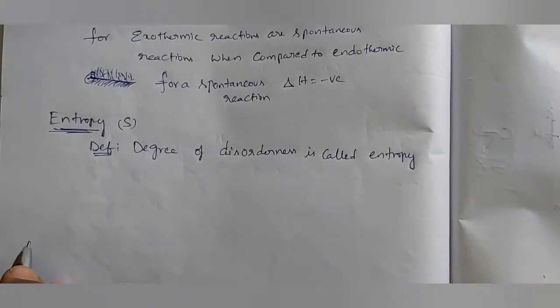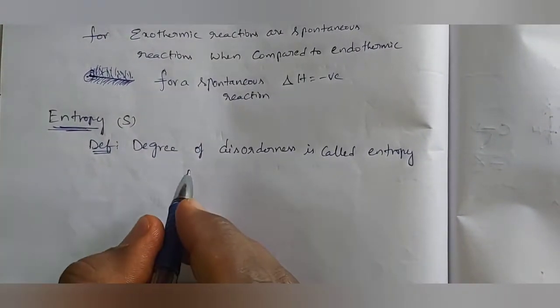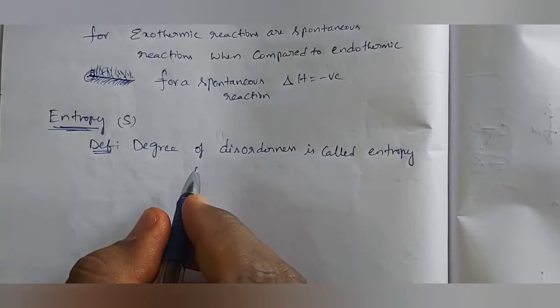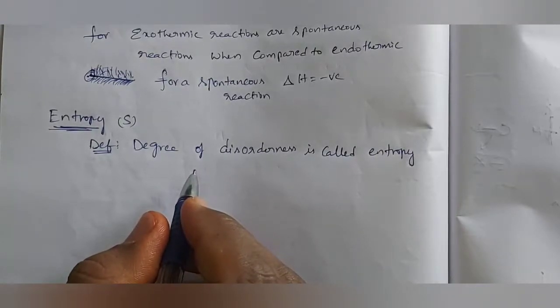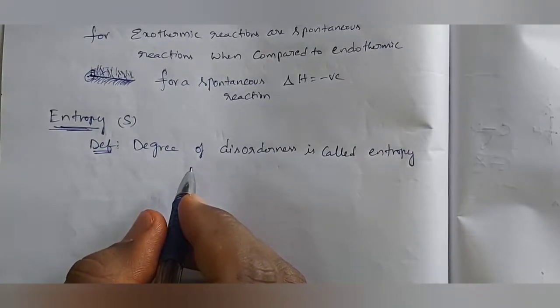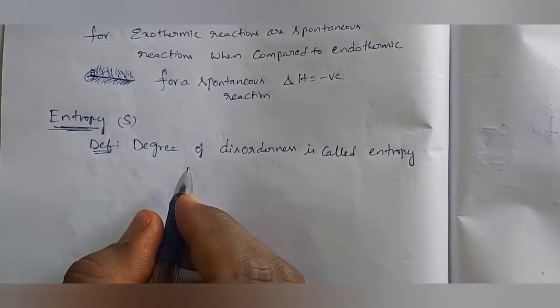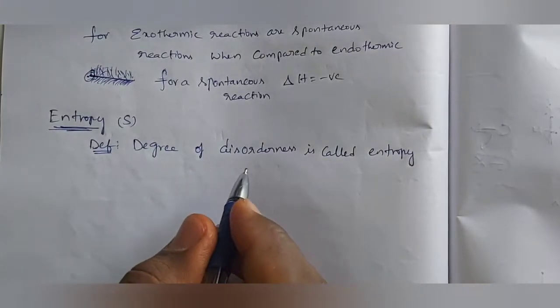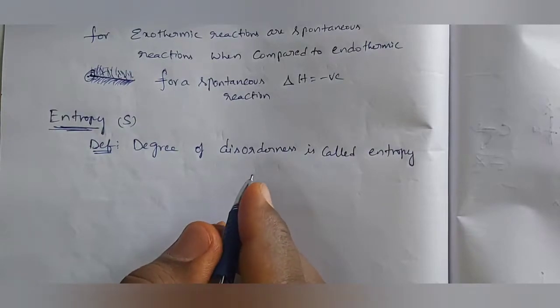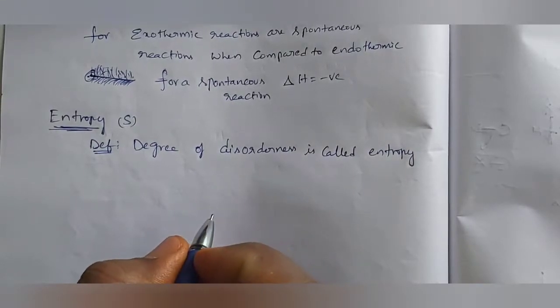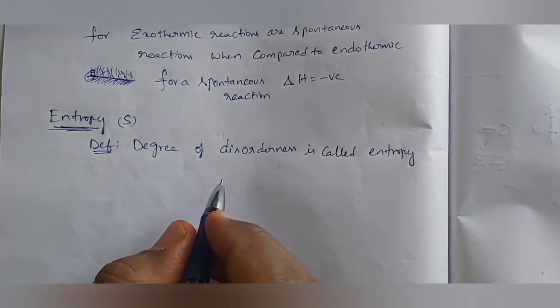Meaning of that one, if the substance is highly disordered, then that substance has high entropy. If the substance is less disordered, then that substance has less entropy.